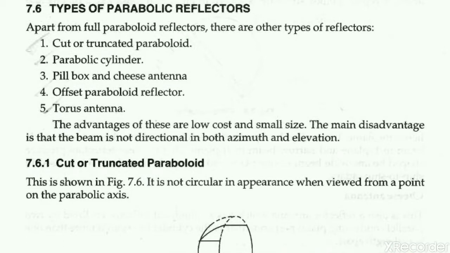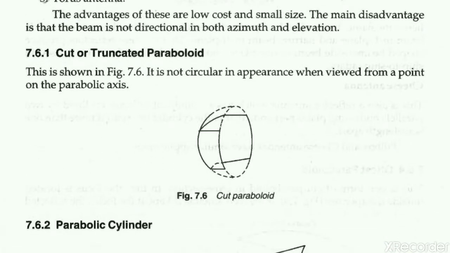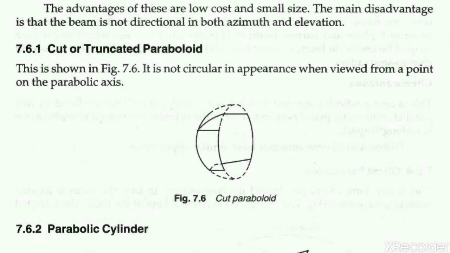So we will quickly see all the types of reflectors. We don't have so much theory about this, we will see the figures. So let's see the first one, that is the truncated paraboloid.